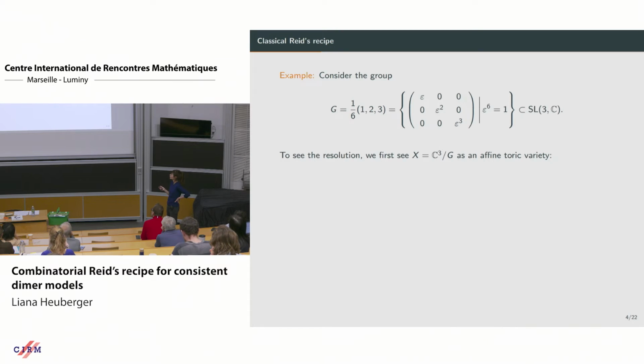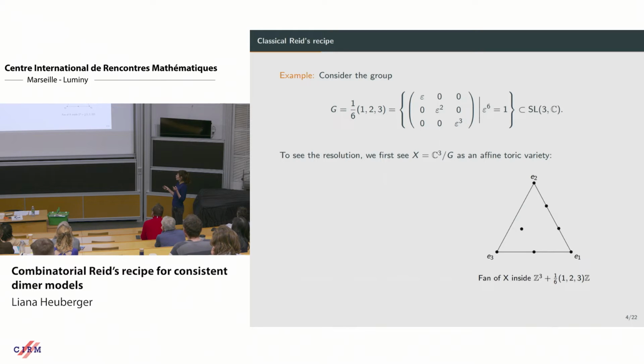So first we want to see C3 mod this particular group as an affine toric variety. Okay, affine toric varieties of dimension 3 like this are given by cones in a lattice of dimension 3. Since we want, again, a quotient of C3, the cone has to be generated by 3 rays.